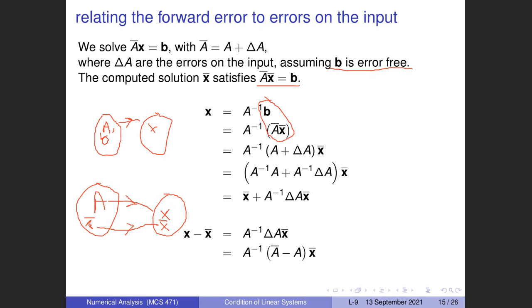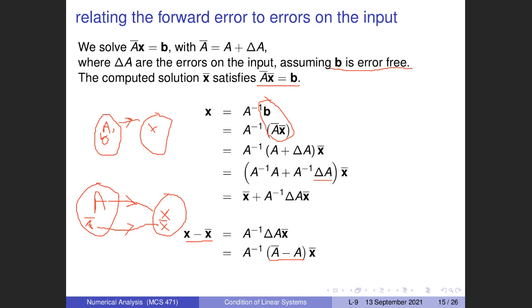So we then write this out where we have the delta A. We isolate the error on the coefficient matrix, and we isolate this in this relation. Here we have the forward error, and here we have the error on the input.